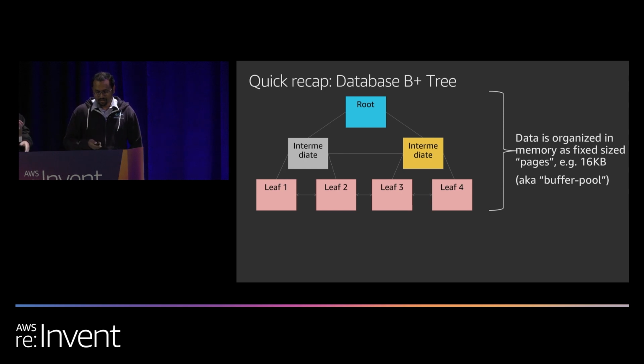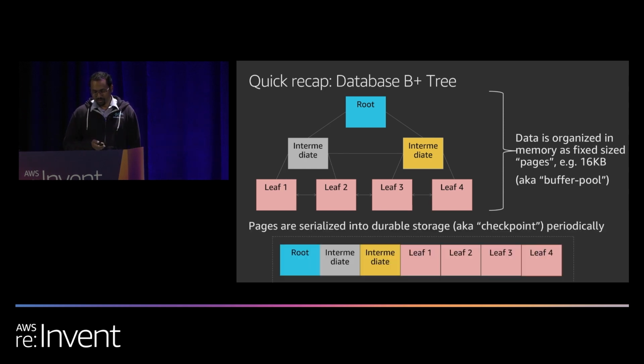And this is how the database maintains the memory state. And periodically, it's serialized into data pages on durable storage, and that is called a checkpoint. So essentially, each page in memory is persisted durably, so that when you have a cold restart or you want to take it from backup, there is data there.